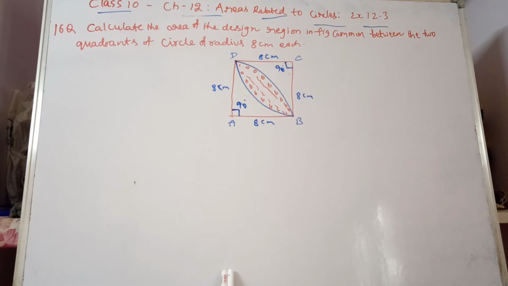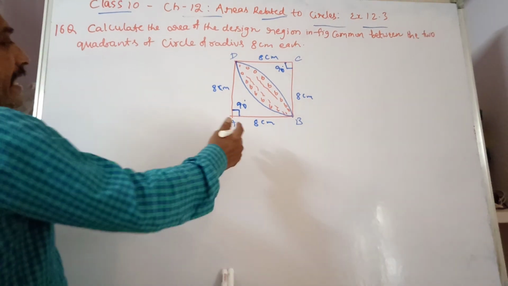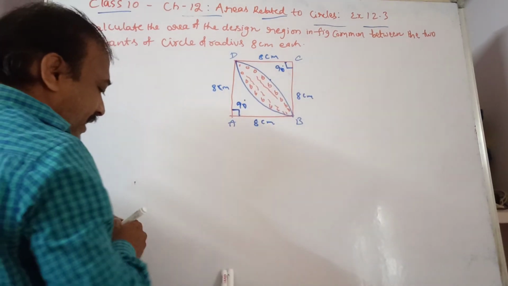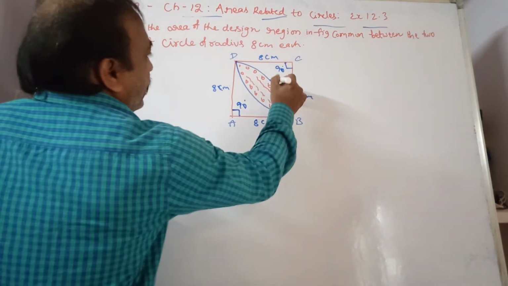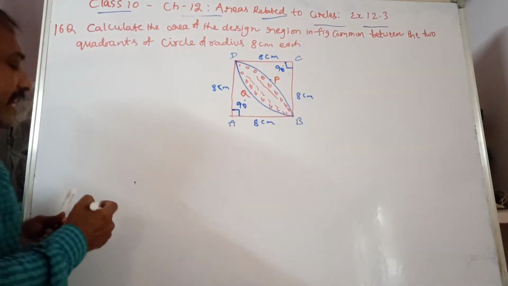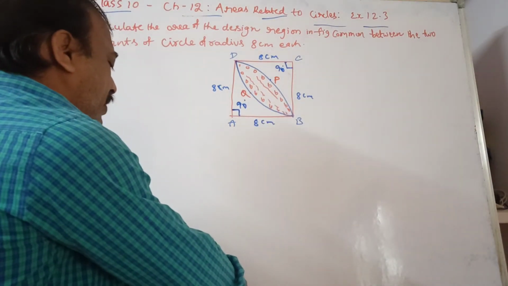So when we are doing this quadrant, we will name it A, B, and I'll write here P is one point and Q is another point. You see here, two quadrants. We have to identify the two quadrants differently.